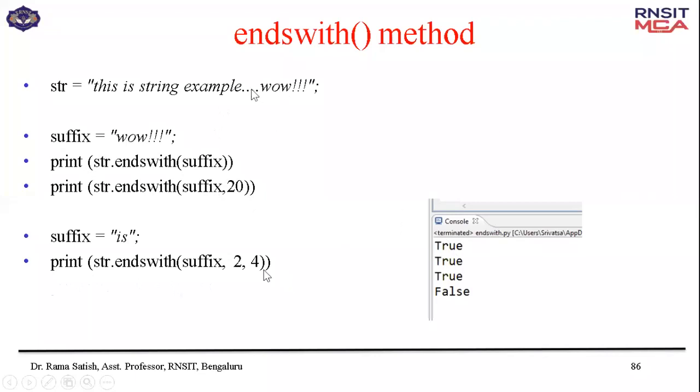For the second one, also correct. For the third one, also correct. And for the last one, it is 2 to 6, and the suffix is "is". So 2 means this one, 2, 3, 4, 5, 6. That means it will go up to 5: "is i". "is i" is not ending with "is", so it is giving false. Of course, this is how you can work on this.